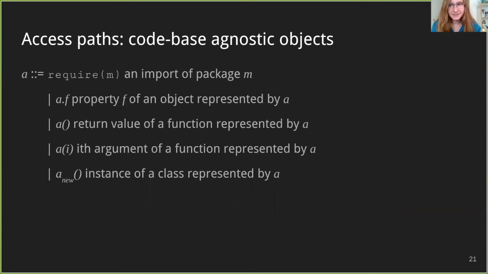We use access paths to have a code base agnostic representation of the object on which the listener is registered. This is just the grammar for access paths, but I'm going to explain it by example. Basically, it's the sequence of computations on the import of the library that we use to build the object at hand.